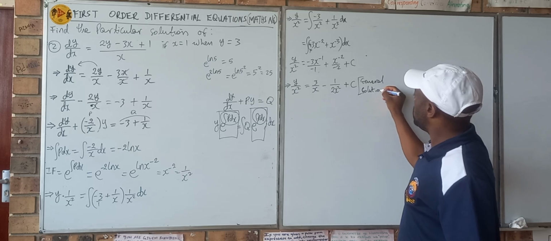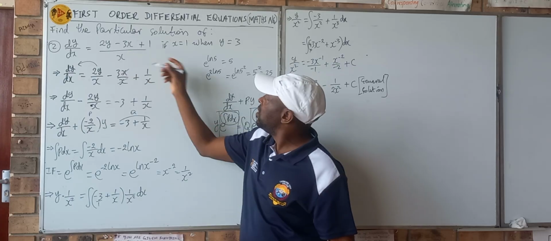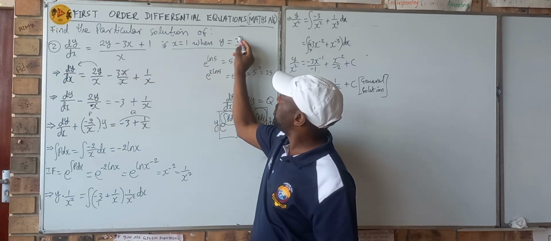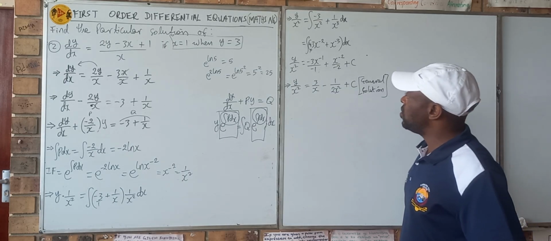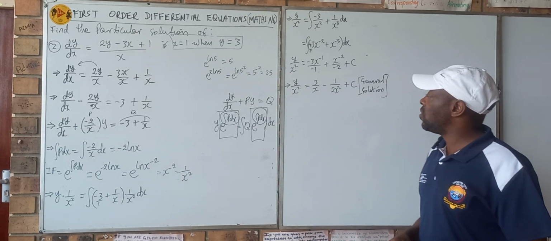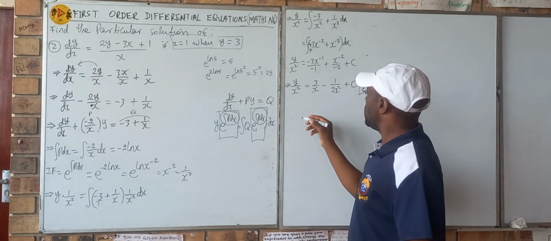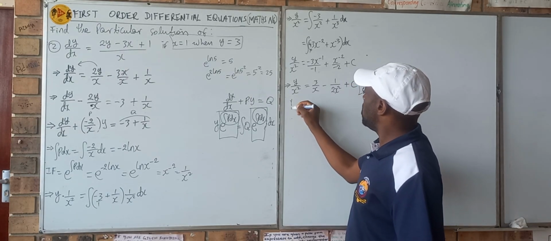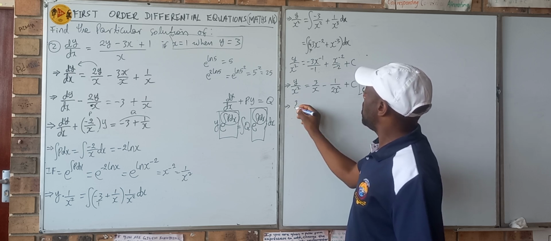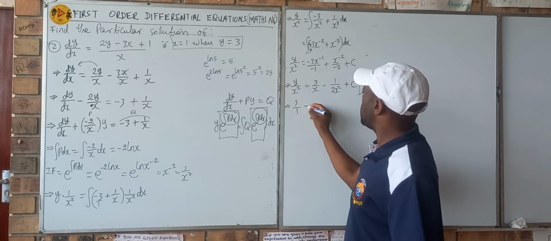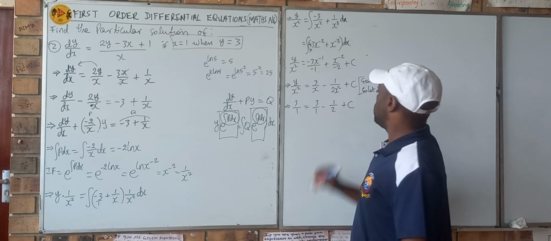But you can see very well that in our equation we are looking for the particular solution. That's why they gave us the values for x and y. So all you need to do is to take the values of x and y and substitute them to get the value of c. So if I take my y as 3 and x as 1 and substitute right through, this is exactly what I'm going to get, plus c.